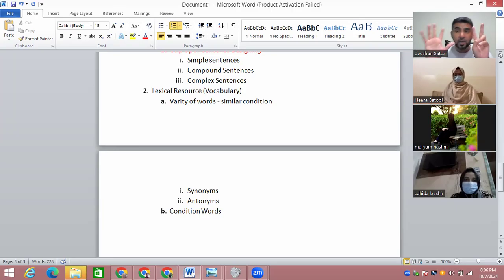If I alternate these 7 words: there is inflation in Pakistan. If I use only one word, inflation, this one simple word itself explains that there is an increase in the prices of goods and services. So this word inflation is a condition word that explains a specific condition.